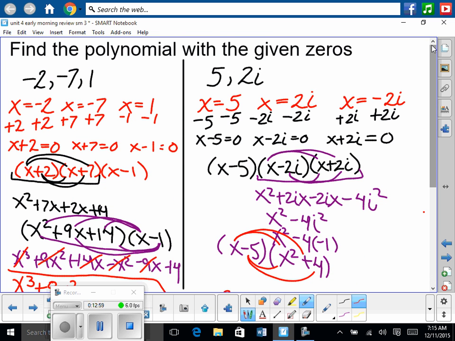One, two, three. So if it's just an i, will it ever just be an i right there? Yeah, it could. x equals i, then x also equals negative i, and you'll just bring it over and multiply it through. It'll be the same as a 2i though, because that's just like a 1i. It's the same process.